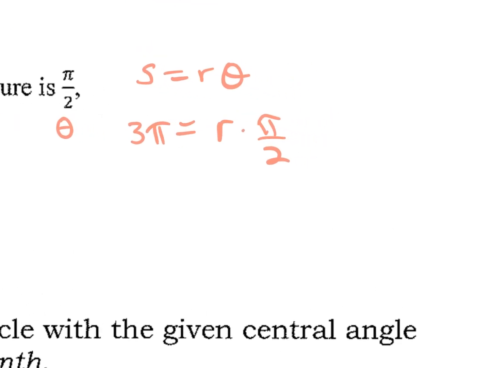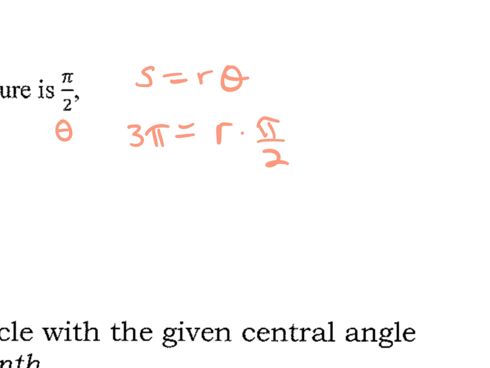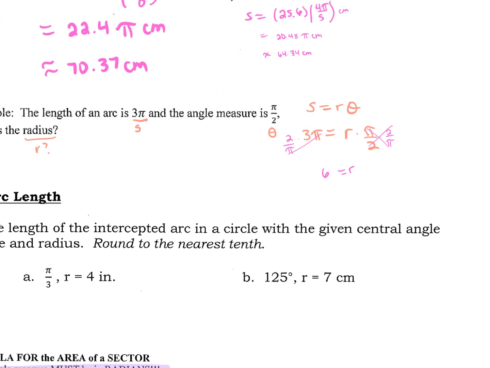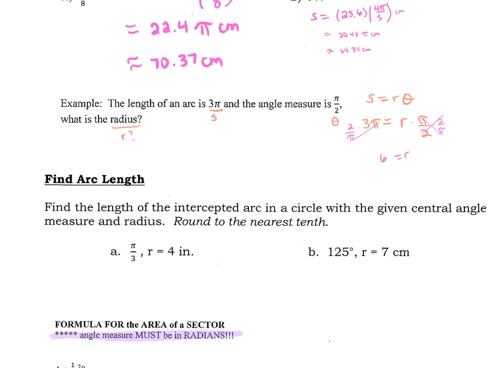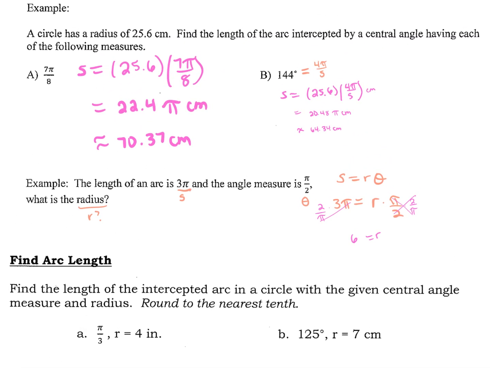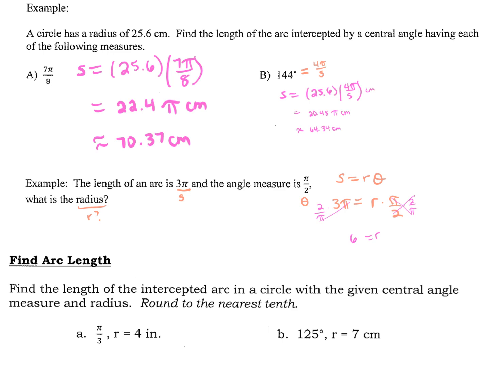If we're trying to solve for R, in this case we would need to multiply by 2 over pi, right? And then that would divide out, so then we get what R is equal to. The pi's will divide out, and we just get that R is equal to 6. Okay. So sometimes you're working backwards on those, but pretty straightforward, all right?